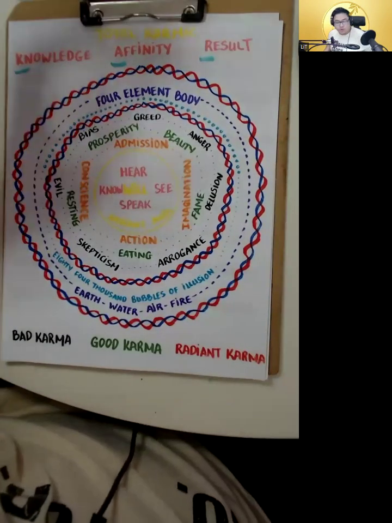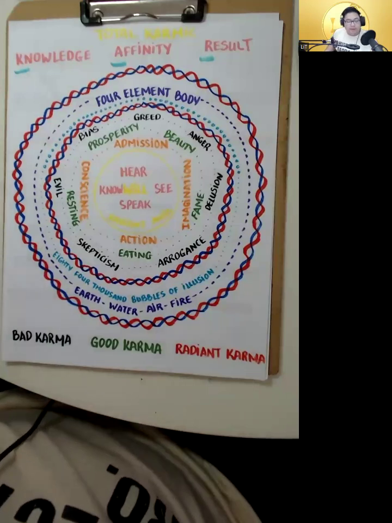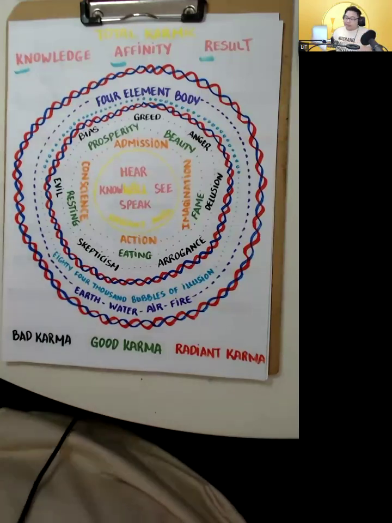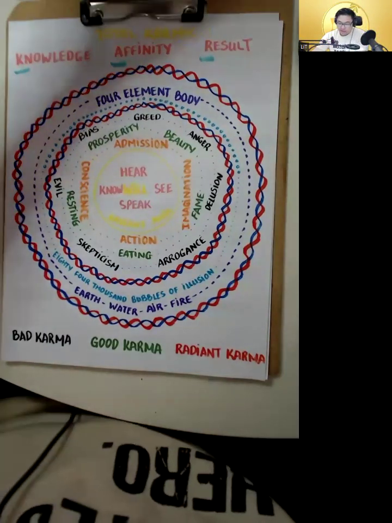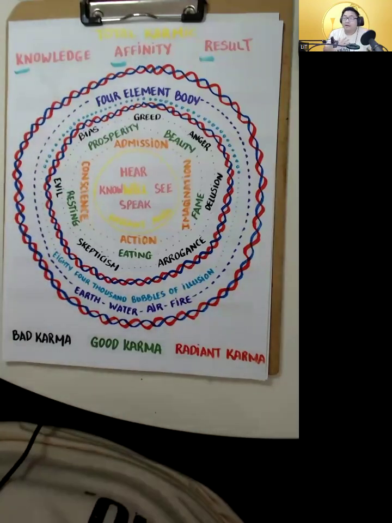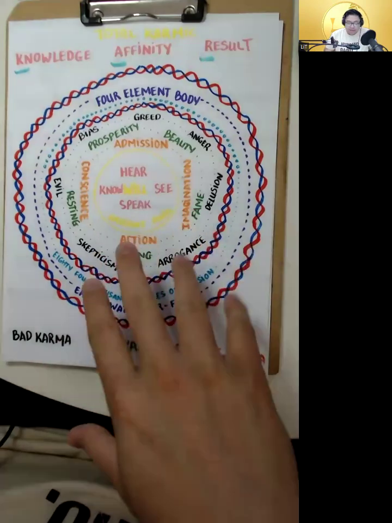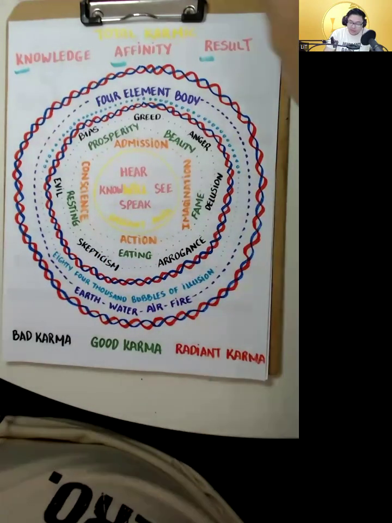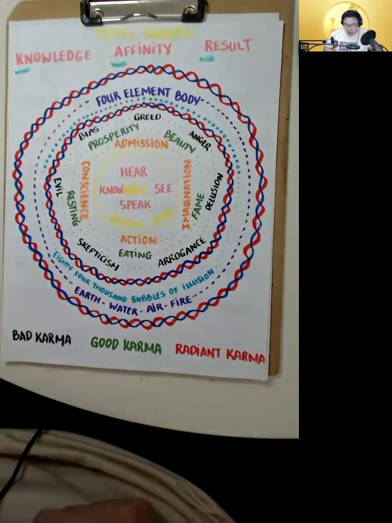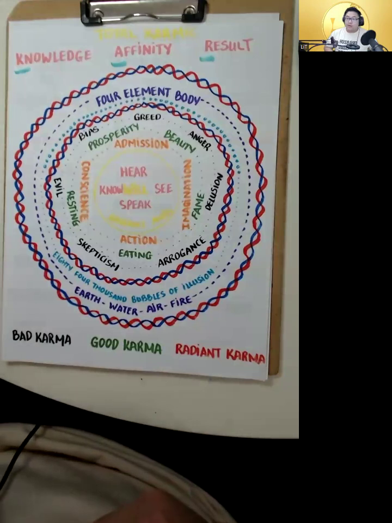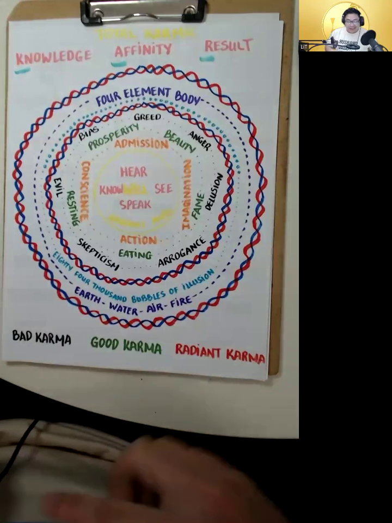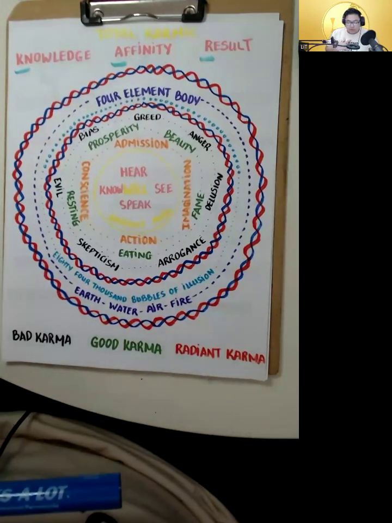The human structure, borrowing knowledge from the Buddha's teaching, tells us that deep within our inner self, in our inner core, we have the will to hear, the will to see, the will to speak, and the will to know, surrounded by radiant aura. That is the innermost of the human structure.